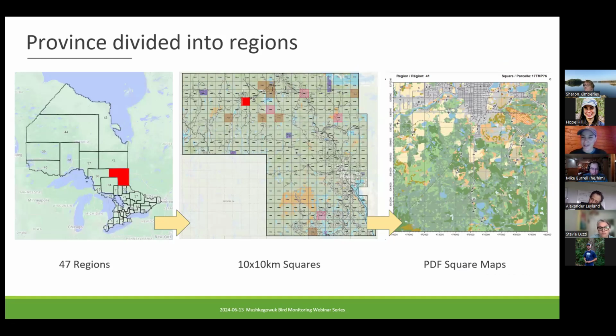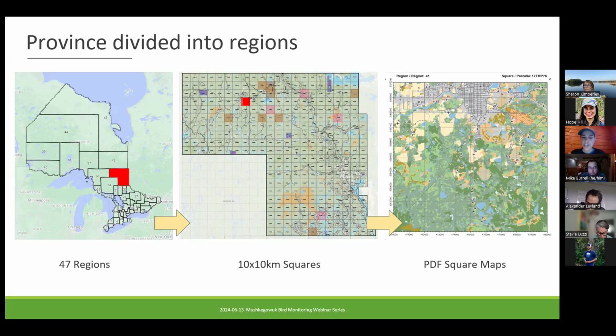So Ontario is a big place. It is quite massive, as we are all too familiar with trying to cover the entire province. And so what we do is we divide the province up into 47 regions. So you can see all of the regions there on that farthest left map there. The middle map is showing just one of those regions, the region that I highlighted in the first one.